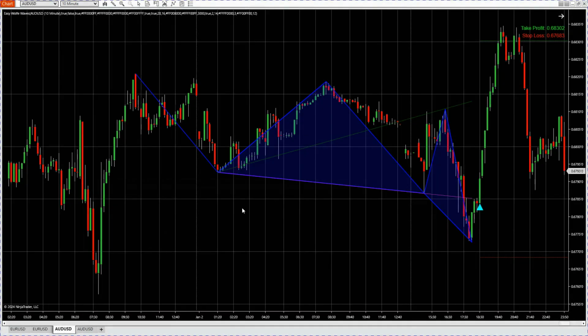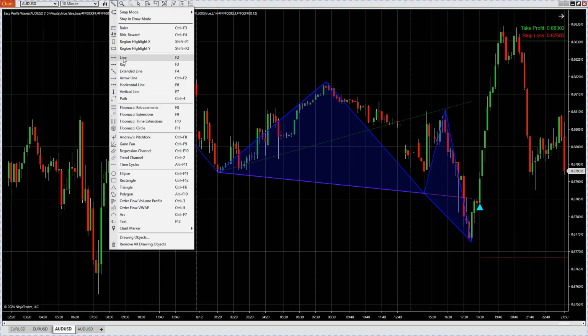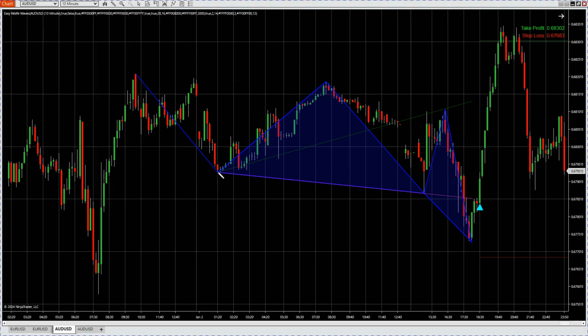So here we have another example of a bullish wave pattern, and we have this one on a 10-minute chart for the Australian US dollar pair, and we could see here the pattern forms here, and so we'll do the same thing. We're gonna take a line, and we're gonna go from the point where it originates, and you could follow the purple line there, okay, and we could see here.